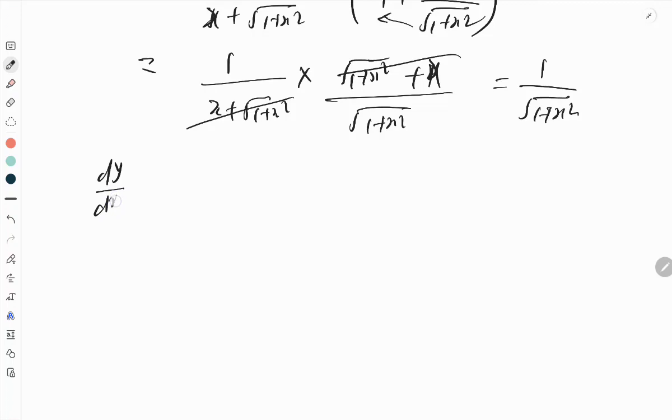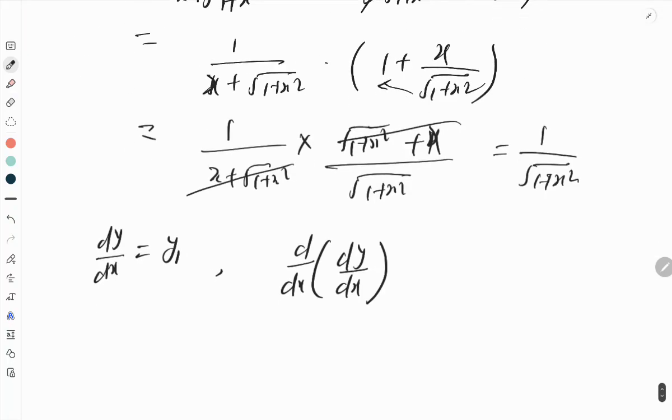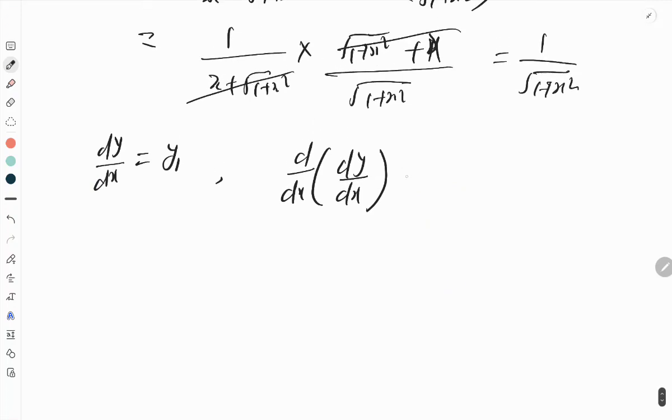One more thing, some notation: if you are writing dy by dx, then sometimes it will be written as y1. Again, if you are taking the derivative of the derivative dy by dx, it is called the second order derivative, meaning the second time you are taking a derivative, and that will be d2y by dx square.